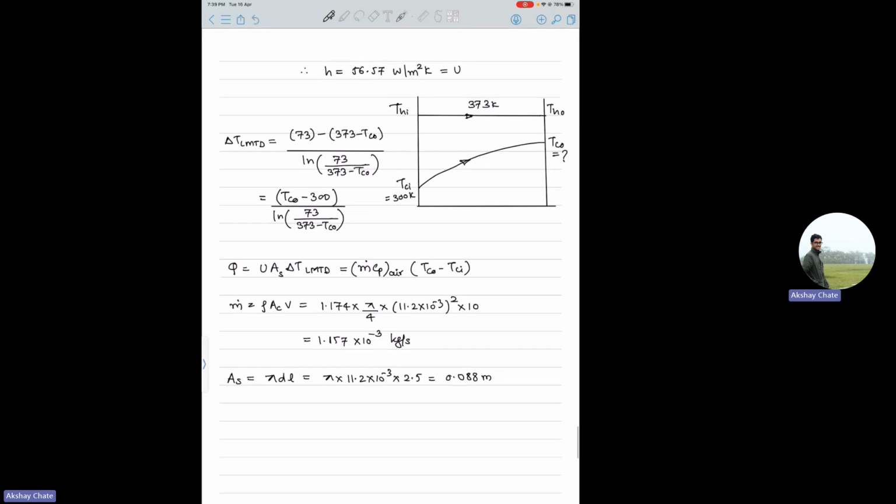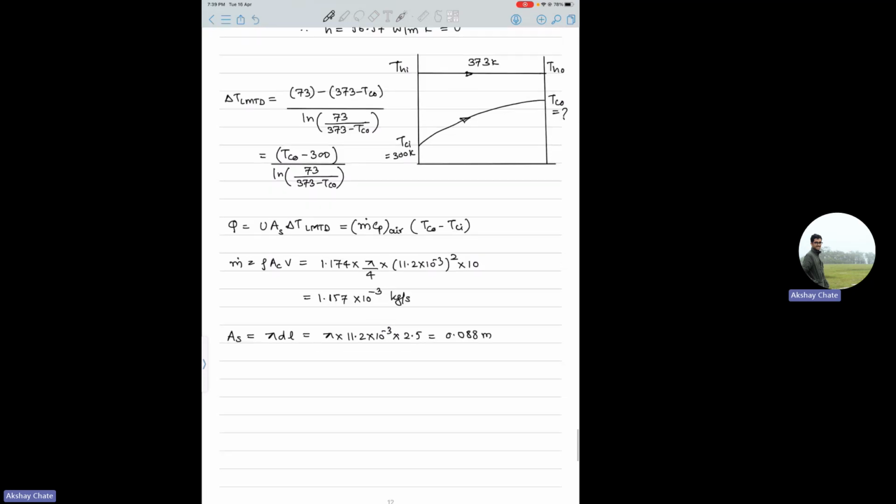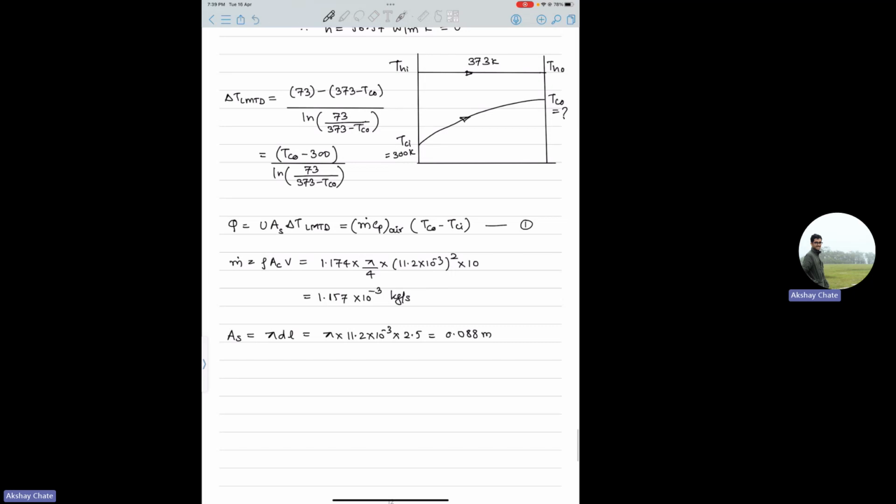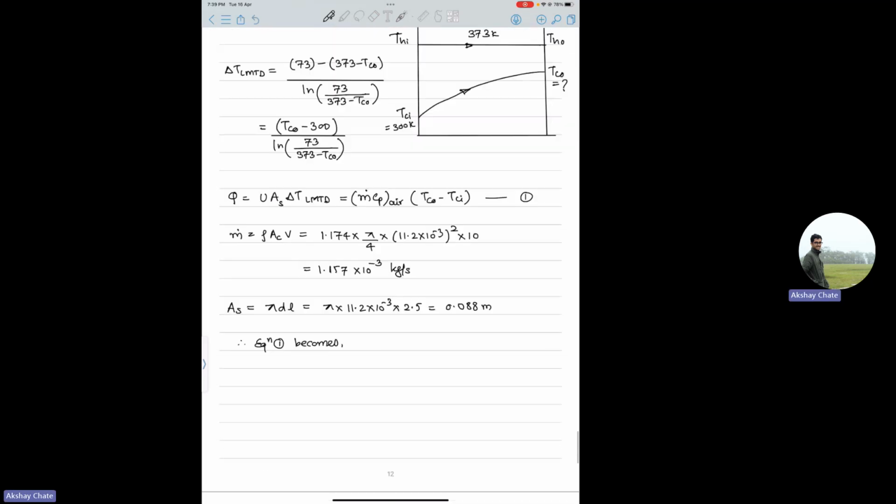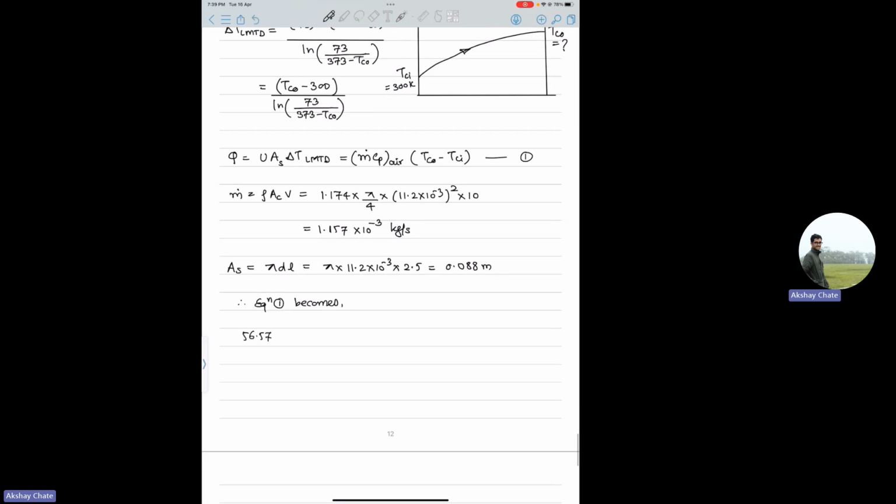Now we have everything, and we can plug all these things in equation 1. So equation 1 becomes: your U is 56.57, area is 0.088, LMTD is TCO minus 300 divided by ln 73 by 373 minus TCO, that is equal to m dot Cp of air.